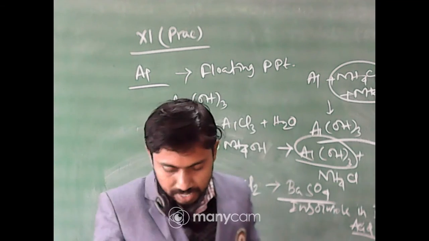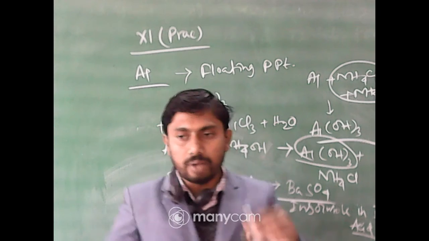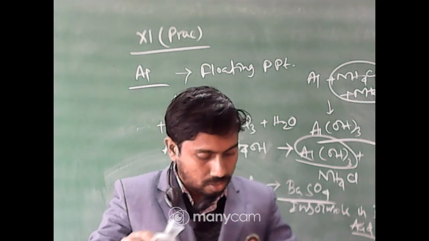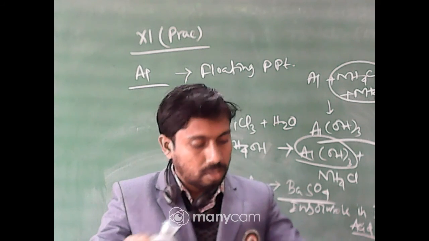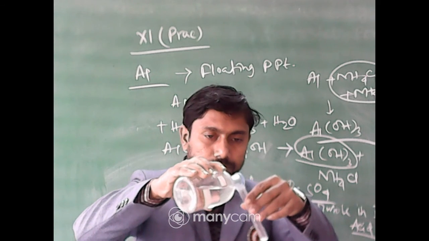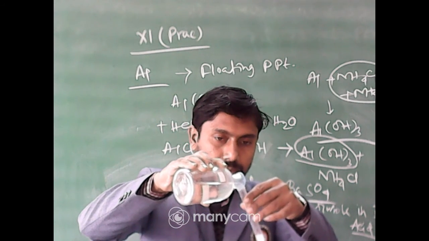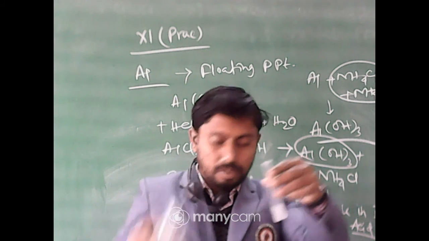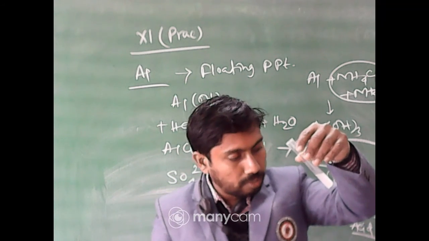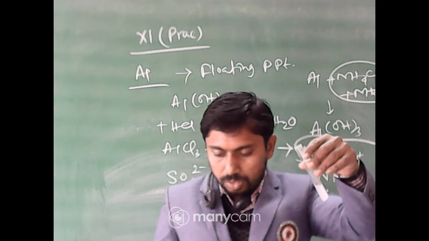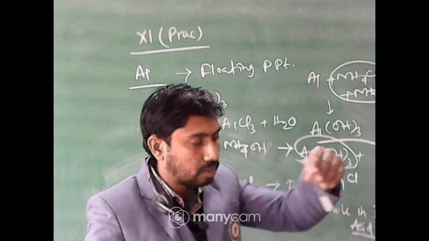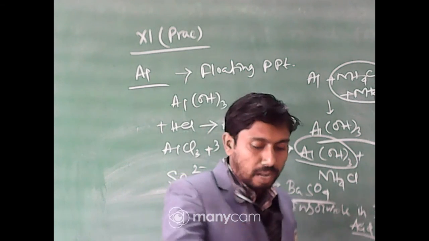Now, as dilute acid, there is HCl, so I will add HCl here. To judge well, decrease the volume and add HCl. You can see that the PPT is not dissolving. So, this is the confirmation that the sample has sulfate.